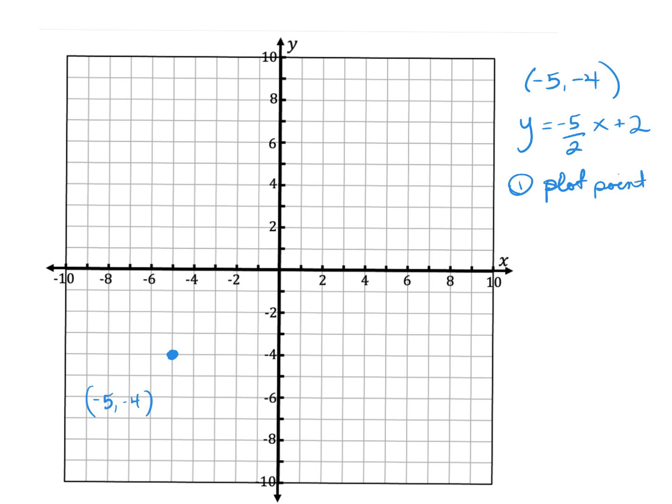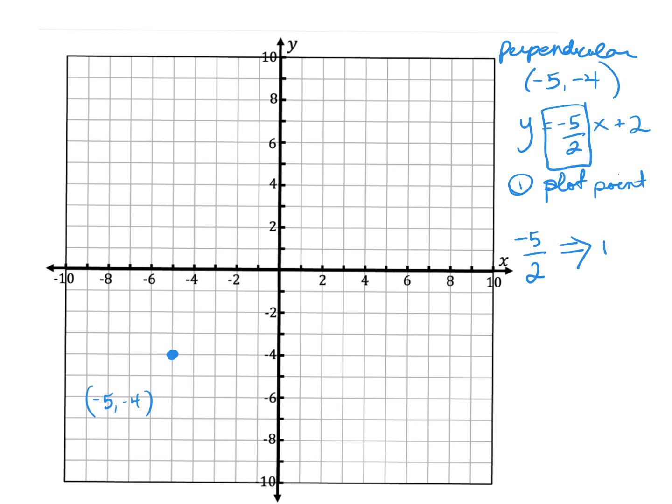And remember, it's the perpendicular line we're looking for. Based on the slope given to me, that -5/2, I know that any line perpendicular to this line will have an opposite reciprocal slope.